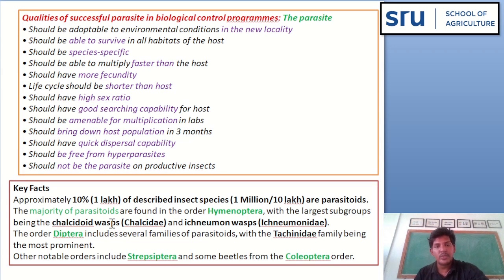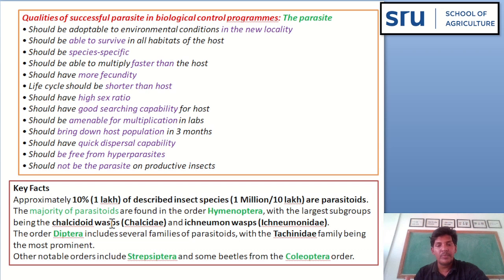The parasite should be adaptable to environmental conditions in the new locality, should be able to survive in all habitats of the host, should be species specific, and not attack other beneficial organisms. It should be able to multiply faster than the host, should have more fecundity than the pest, its life cycle should be shorter than the host pest, and it should have a high sex ratio, that is, a high number of females produced.